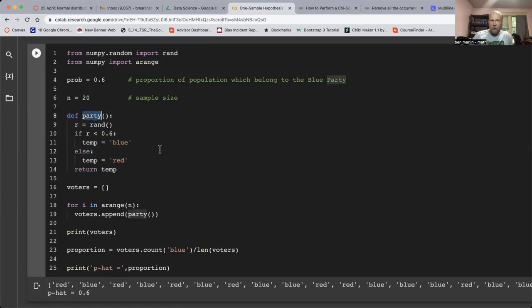So it's defining a function called party. Later, when I want to call the function party, it just goes up to the party function and generates a random number between 0 and 1. If the random number was less than 0.6, it's going to assign blue. Otherwise, it will assign red.